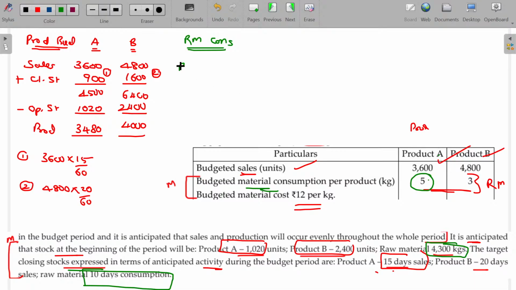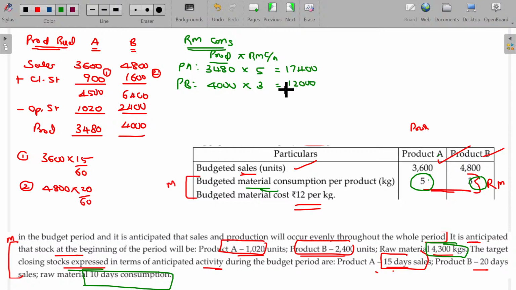Product A, 3,480 units were produced, multiplied with raw material consumption per unit, 5. 17,400. Similarly, for product B, 4,000 units are supposed to be produced. Per unit requires 3 units of raw material, so 12,000. 29,400 is the raw material consumption.